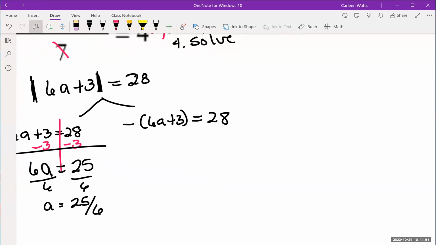Now, we can either distribute the negative or divide it and make it go away. So we're going to divide by -1 before it gets distributed. It's going to save us a step. So before distributing, we're going to cancel. So we're going to have 6a plus 3 is equal to -28.